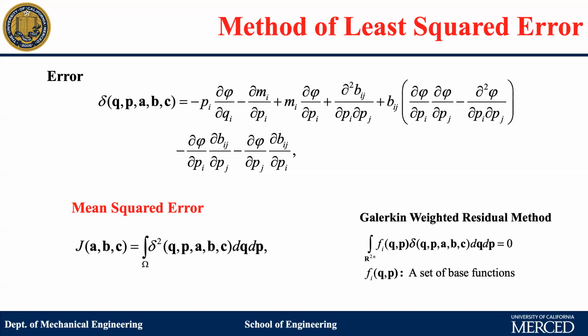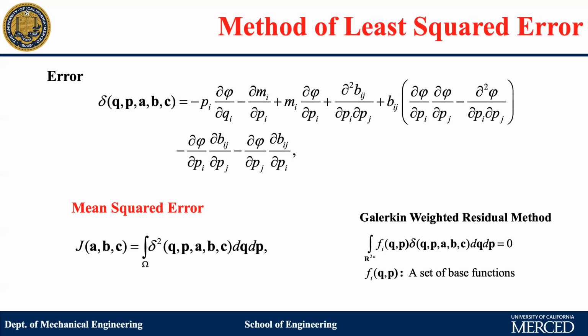Now, compare this with the classical, traditional Galerkin weighted residual method, which usually works this way. You take the error term, multiply it by some base function, integrate over the whole domain, and set it to 0. This is usually done in the textbook. Essentially, this implies that you project the error into some functional space, and along all the base directions, the projection must be 0.